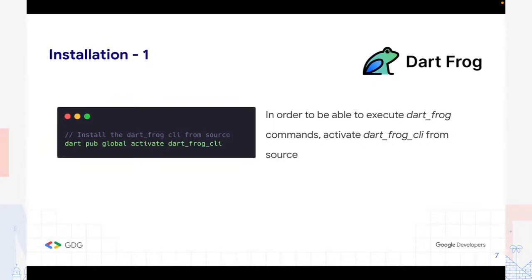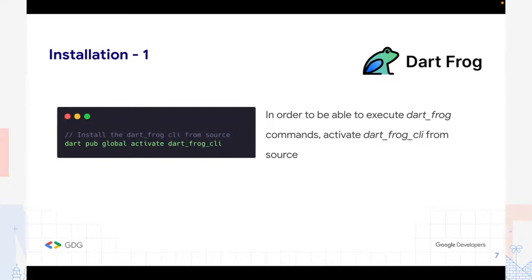Just like how we create a new Flutter project, we can start. Before creating a Dart Frog project, you need to make sure that the Dart Frog CLI is activated, because here you will not be using the command prompt to create a new project. Command prompt will not work for Dart Frog projects as of now. So it has to be done all through the terminal.